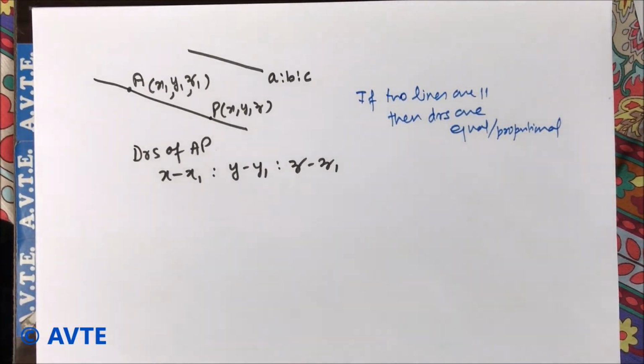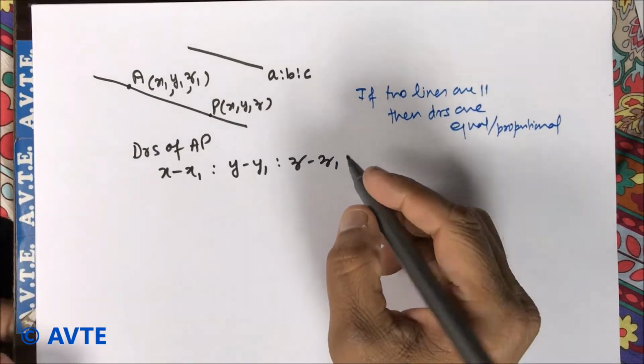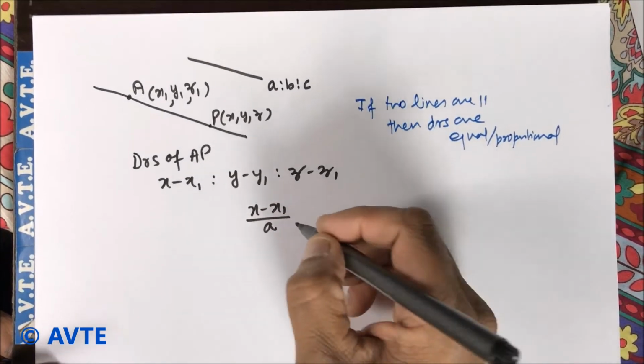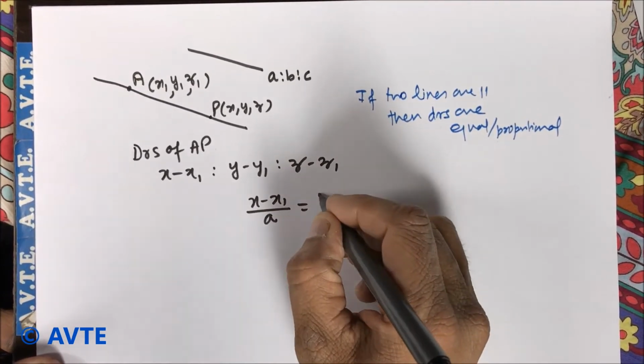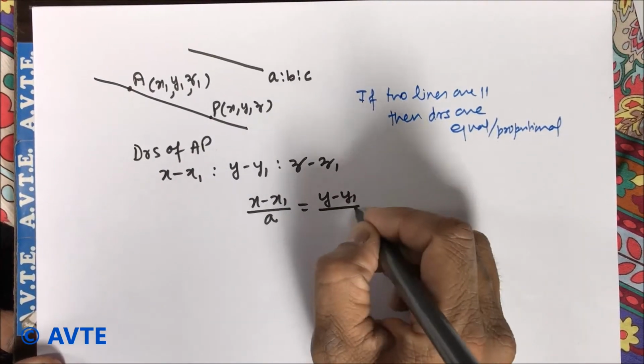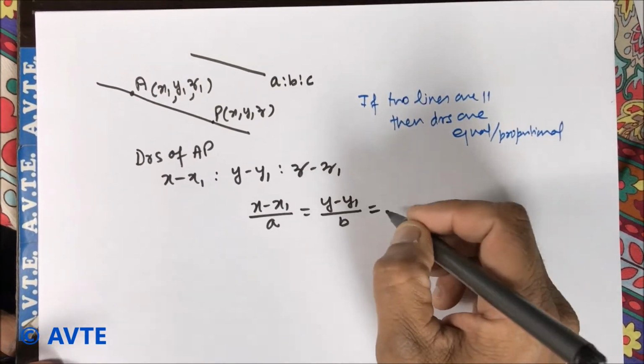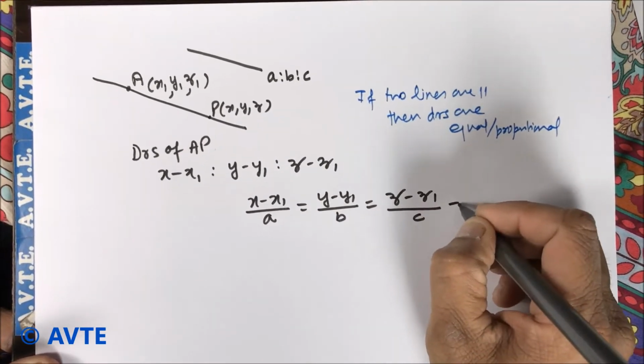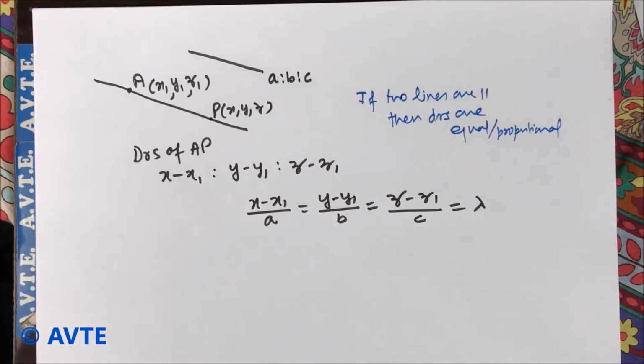Therefore, (x minus x1) upon a will have the same ratio as (y minus y1) upon b, and that will be equal to (z minus z1) over c, and that is some constant lambda.